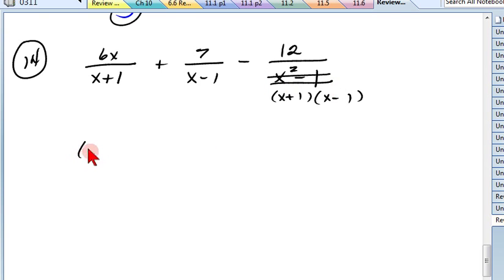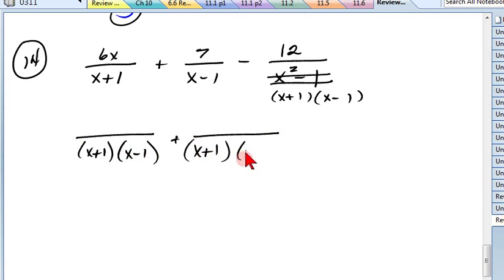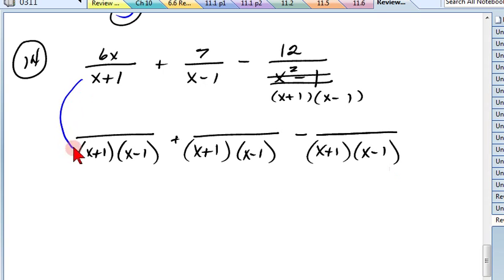Okay, I need x plus 1 times x minus 1, x plus 1 times x minus 1, x plus 1 times x minus 1. Now I compare the original denominator to the new one. When I compare, what's the new factor? x minus 1.